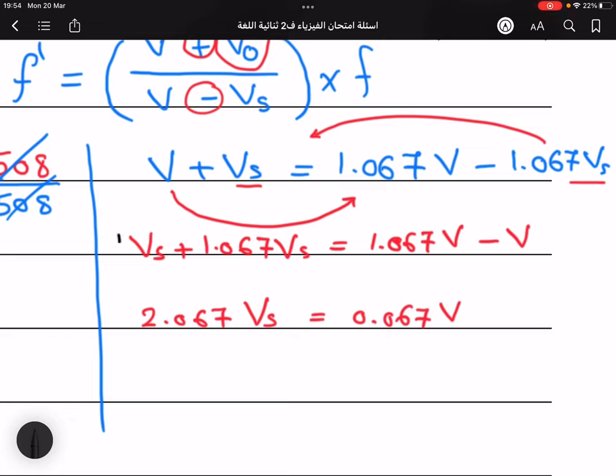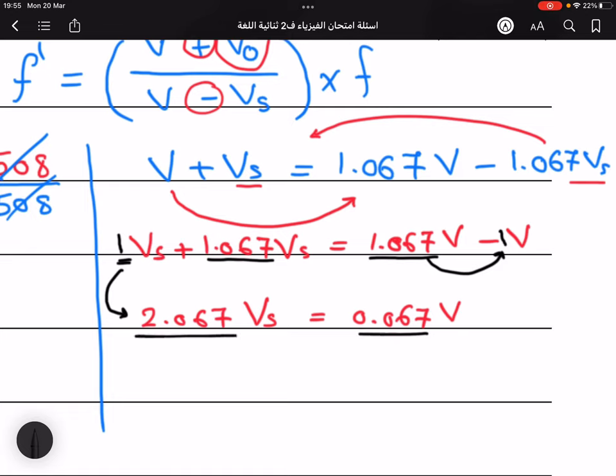The number here is 1, so 1 plus this one equals this number. Here the number is 1, and this number minus 1 is equal to this.